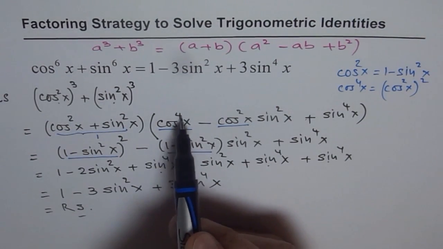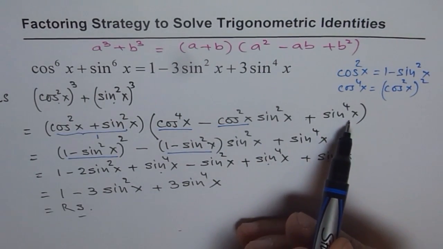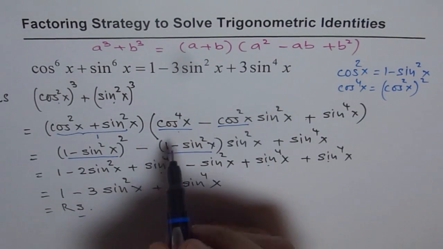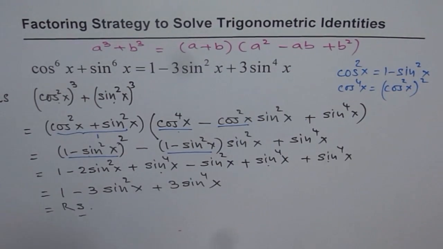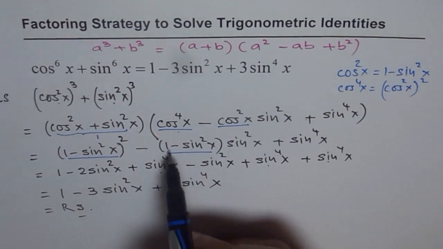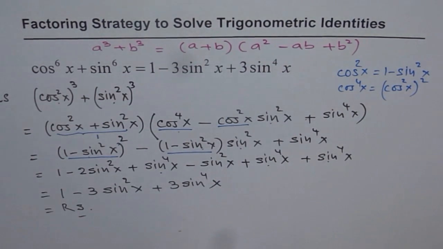So we got cos to the power of 4x minus cos square x sine square x plus sine to the power of 4x. Now in this expression, we wrote cos to the power of 4x as 1 minus sine square x whole square, and then we wrote cos square x as 1 minus sine square x times sine square x, and then simplified to get our result. I hope you appreciate how factoring helps to prove identities. Thank you.